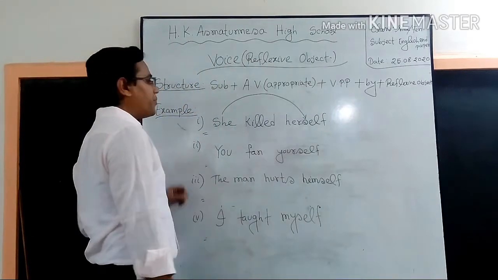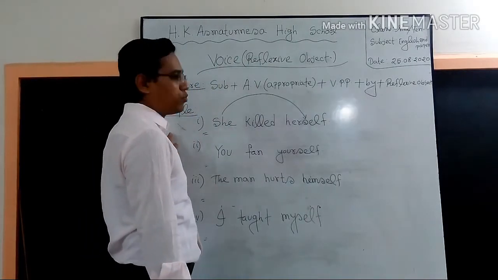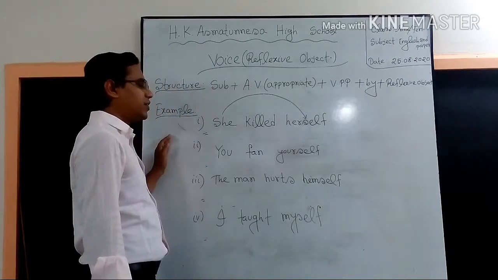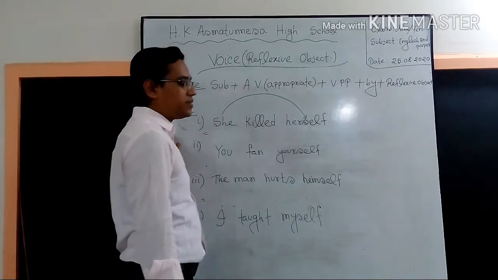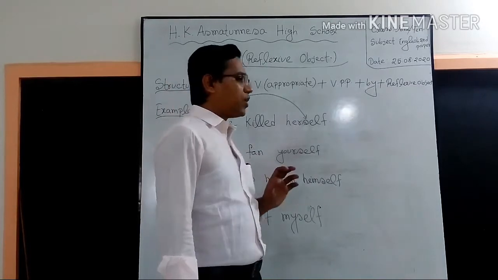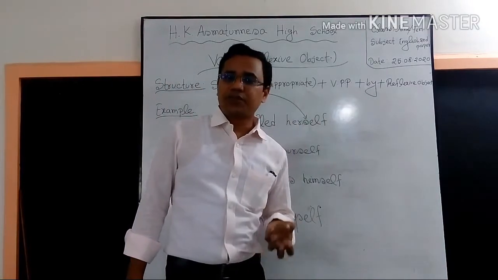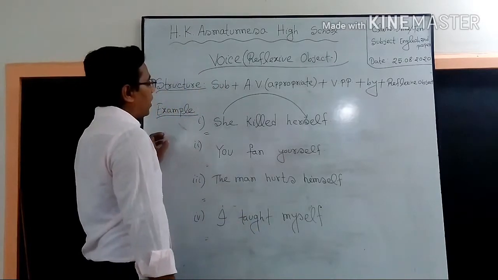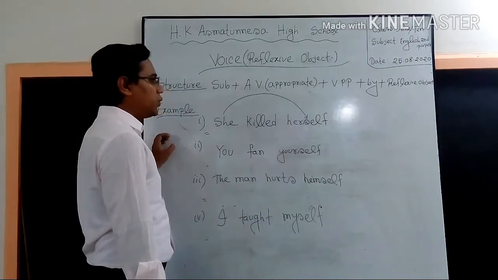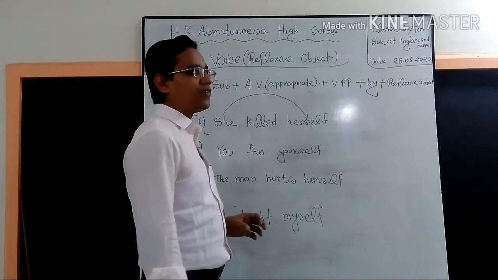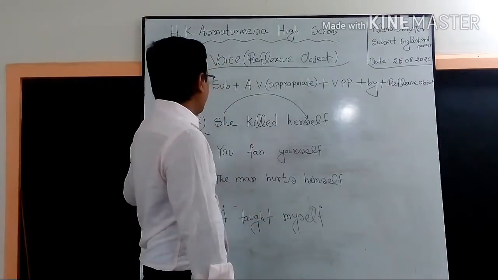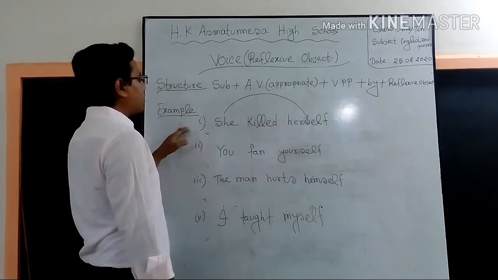So students, I have written 4 examples on the whiteboard. So please look very carefully and try to understand or guess whether there is a reflexive object or not. If we look at this sentence very carefully, we will be able to identify the reflexive objects in these sentences. Think about the first sentence.